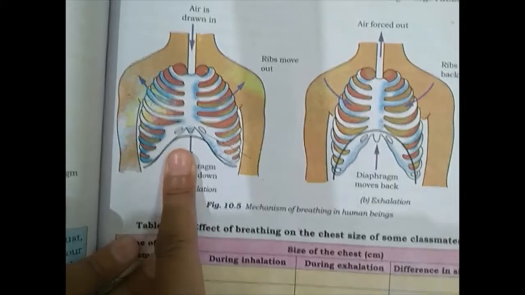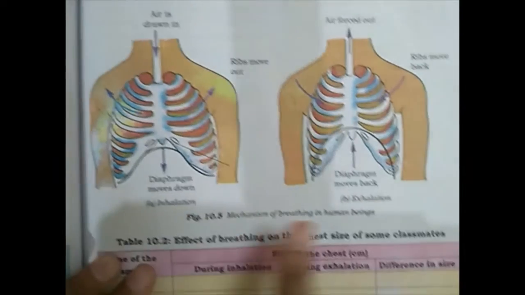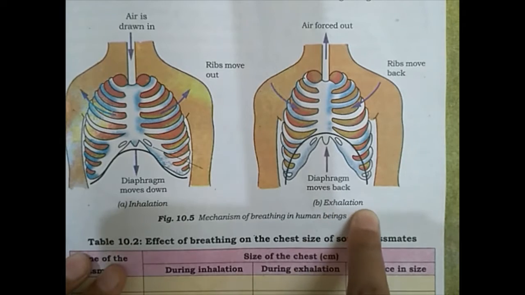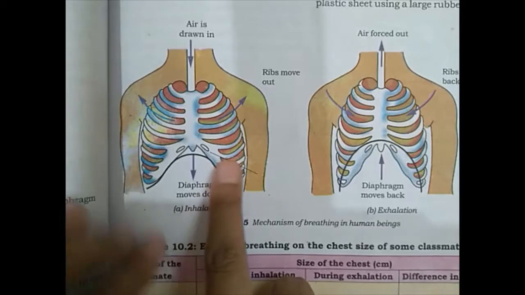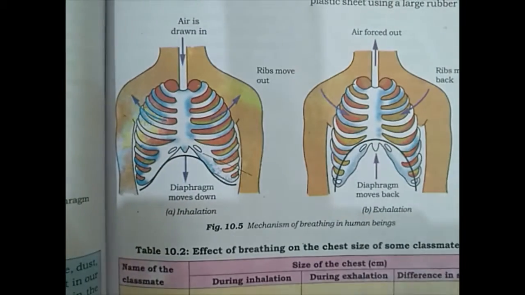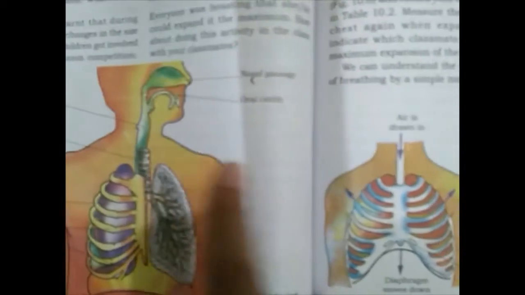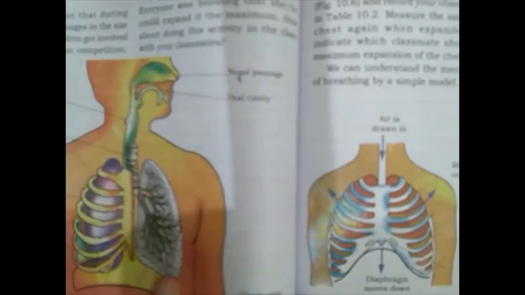In one diagram inhalation is given and in another diagram exhalation is given. So we will see, while we breathe in, we take air inside through the nostril, as we have seen. It goes through the trachea towards the lungs.